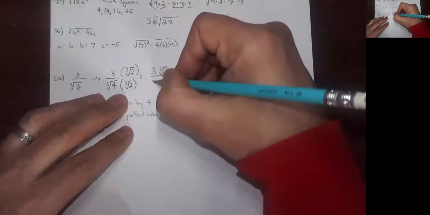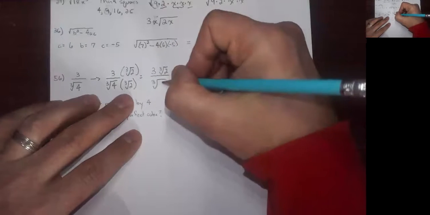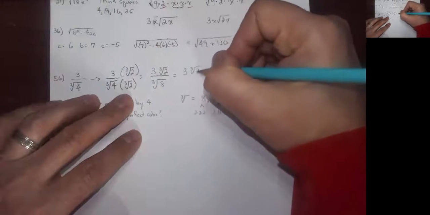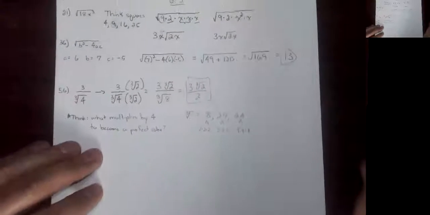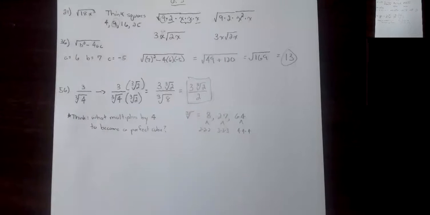But here, I now have the cube root of 4 times 2 is 8. And I know there is a perfect cube of 8, and it's 2. That's how you rationalize the denominator. That took me a little while to get that. So the next section, I'll add a little bit to that, just a quantity that we'll work on.